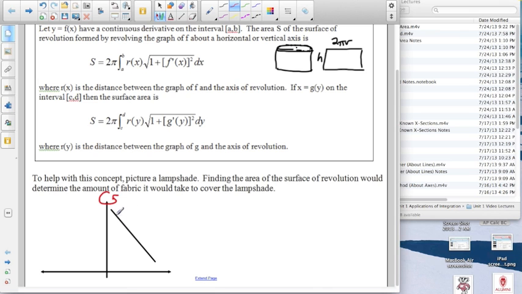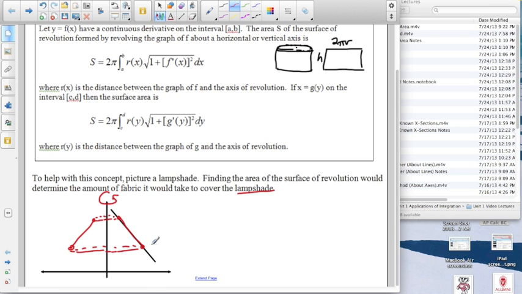Let's not take the whole line, let's just take this part of the line. If we revolve that around the y-axis, we end up with something that looks kind of like that. You might recognize that as lampshade shaped, and the surface would be the fabric on the lampshade.